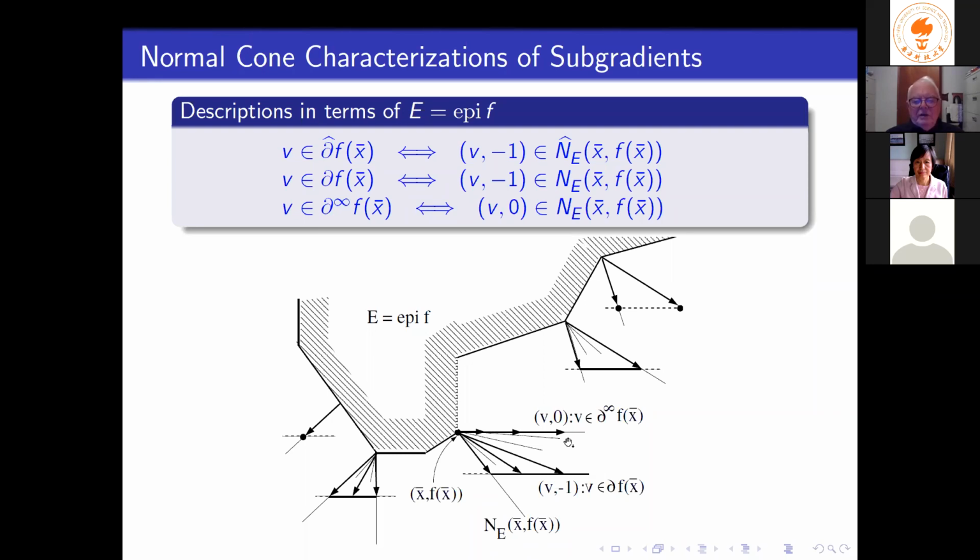I don't have a picture for you, I should have had one in here, but it's possible that the normal cone is non-convex, and that the closure of the finite part does not include this set. In the convex case, the closure of this does include that, but otherwise not.